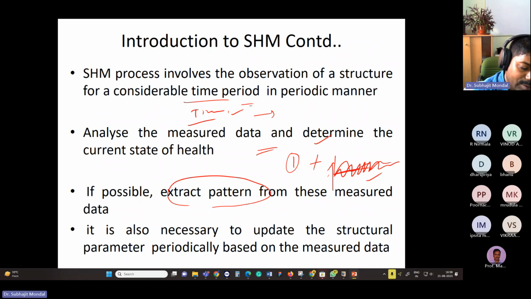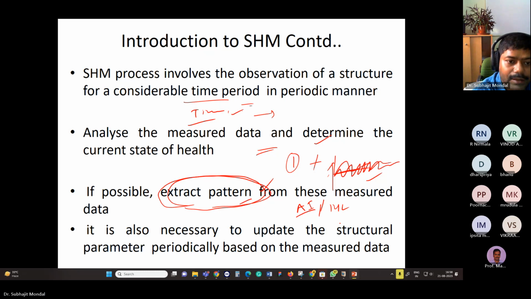Now, this pattern extraction method is an area where various research is going on, which we call AI-based research, artificial intelligence based research or machine learning based research.